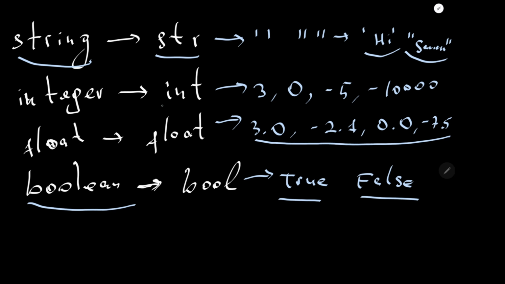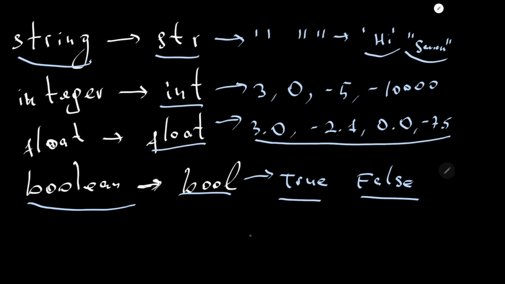Why did I write down these abbreviations? These abbreviations are also the functions for typecasting, for conversion. What does it mean? When we try, for example, to convert float to integer, we will use this abbreviation.